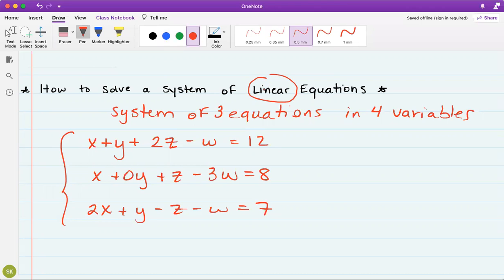We're going to focus on systems of linear equations where we have 2 equations and 2 variables. And then later we're going to talk about working with systems that have 3 equations and 3 variables.